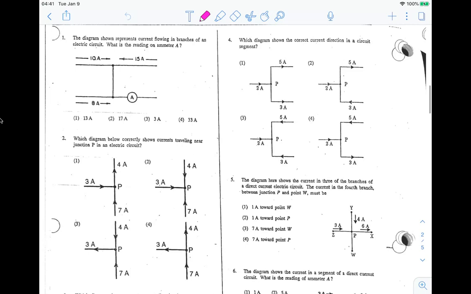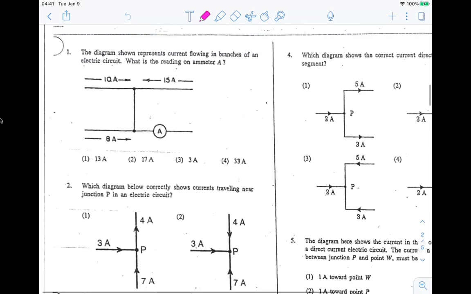All right. If we look at number 1, we have: the diagram shown below represents current flowing in branches of the electric circuit. What is the reading on ammeter A? So obviously we're looking for this current right here. Again, all we need to do is look at what is going in versus what is going out of your junction.